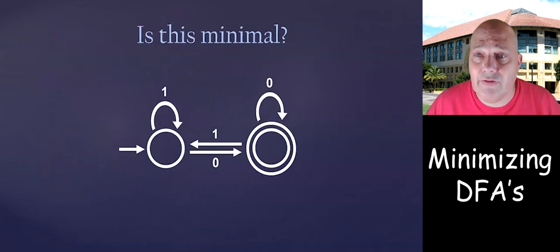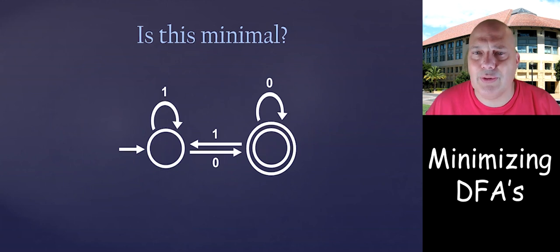So is this DFA minimal? You can pause and think about it. Well, this DFA is minimal, and we can argue that by noticing that it has words that are in the language and words that are not in the language. It accepts some words and rejects others.